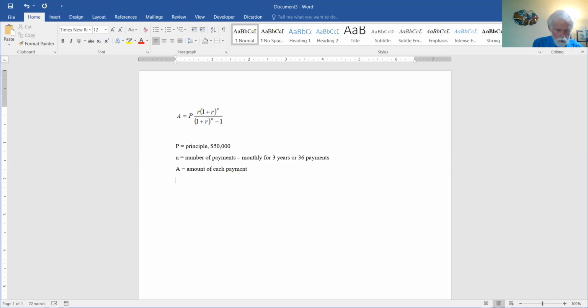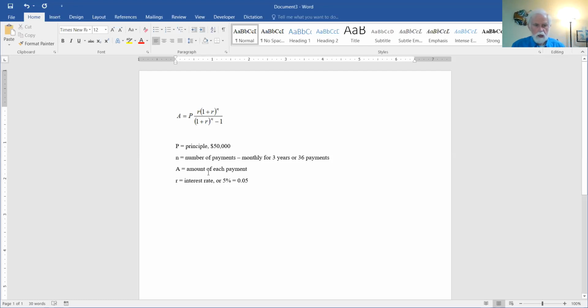And R equals the interest rate, or 5%, which is equal to 0.05 as a decimal.